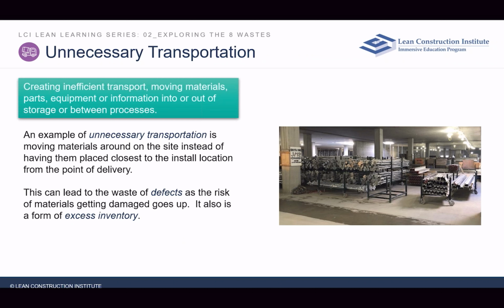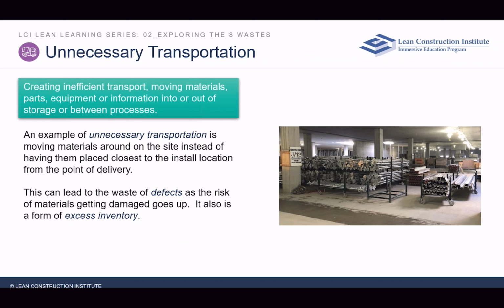How many people have been on a job site where we have 1,000 gang boxes all over the place and they just get rolled around everywhere, and it feels like they're blocking up our hallways and our work sites because we need that tool right in front of our face, or else we're not going to be able to do the job. And moving of this material around the site is really an idea of unnecessary transportation.